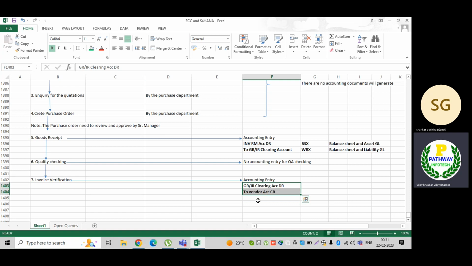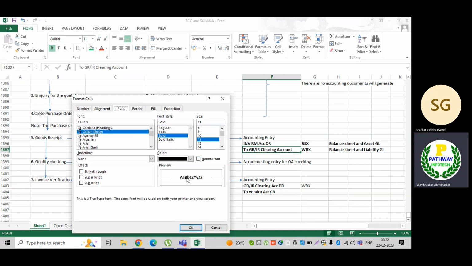Now you can see the logic here. GRIR is credited here and debited here. What will happen? Both will get nullified. I have just mentioned WRX here. Now let me put it like this.